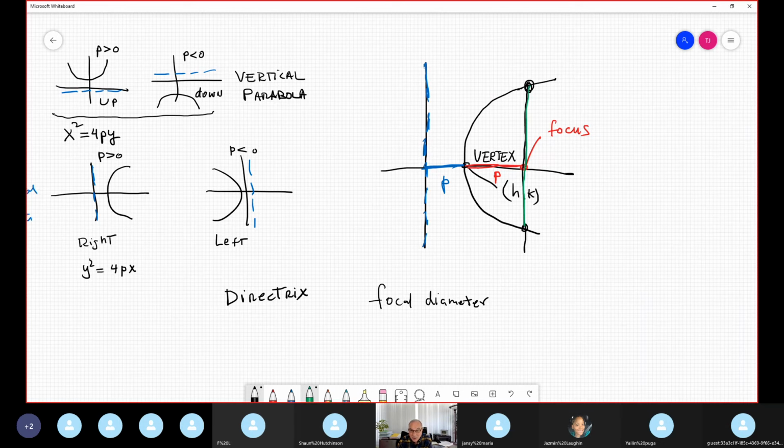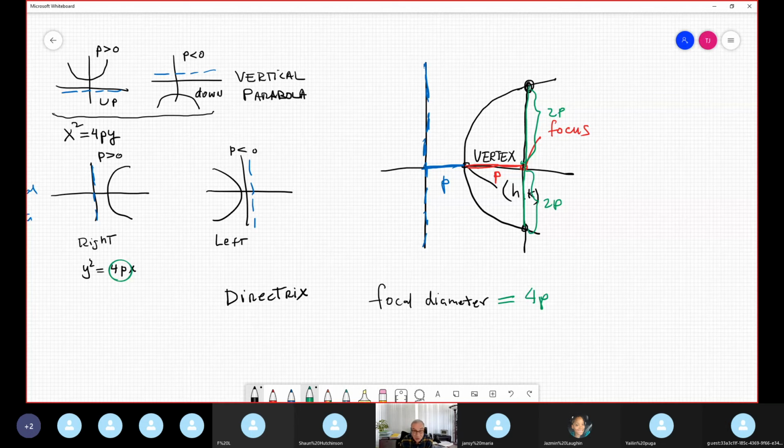The total focal diameter is 4p. That is the reason in the equation you see 4p. This represents the focal diameter. And the semi-focal diameter is 2p. This gives me some idea how open this parabola is, whether it is a wider or narrow parabola. Depending on p, p controls the focal diameter.